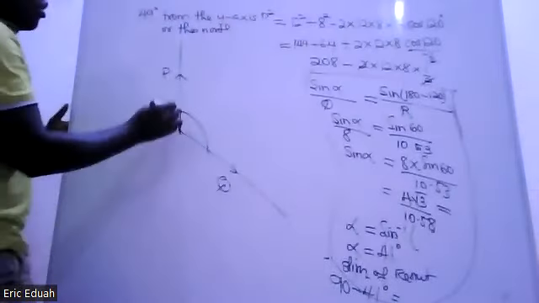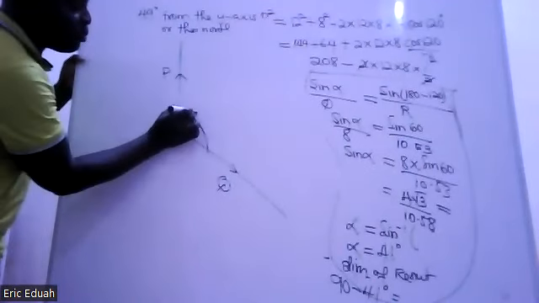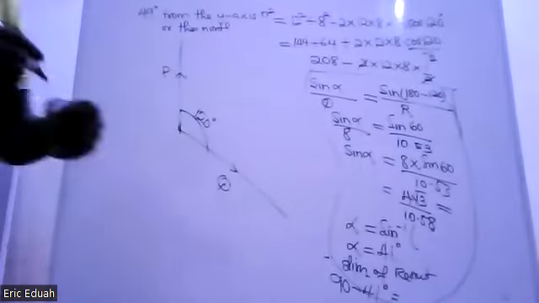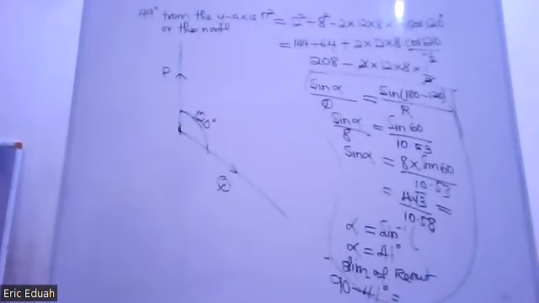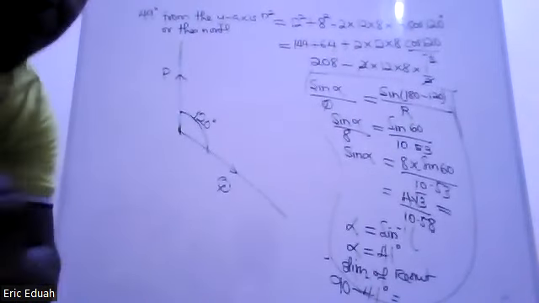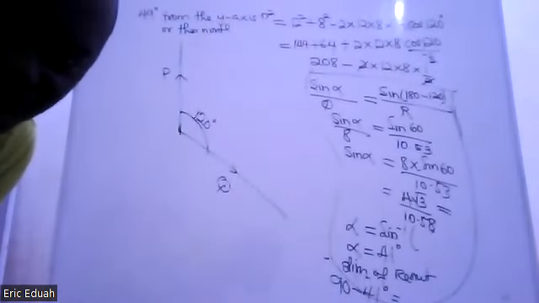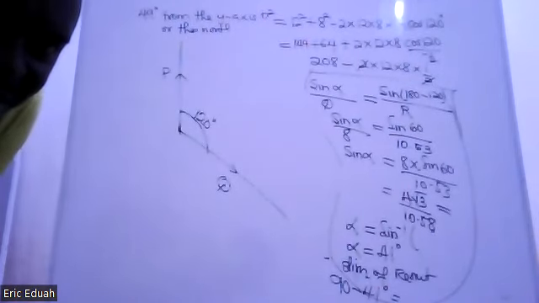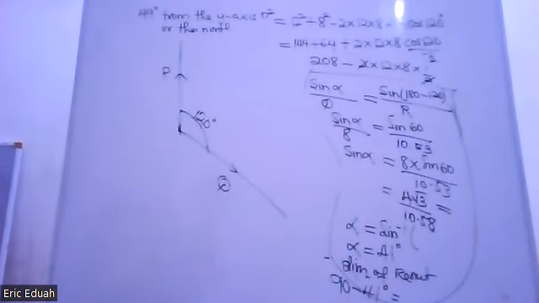All that I need is that the angle between P and Q must be 120 degrees. This is the other way this can be done differently. Since we were not told where to measure our angle from, all we are told is that the angle between P and Q must be 120. Are you okay? Yes, please.